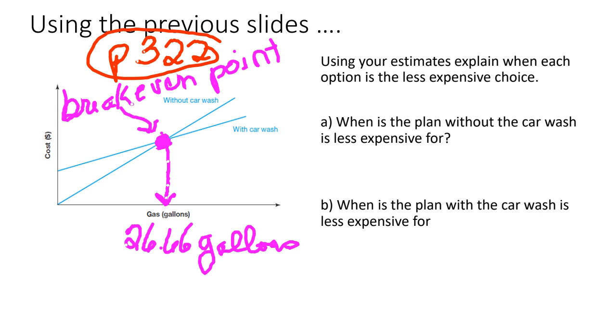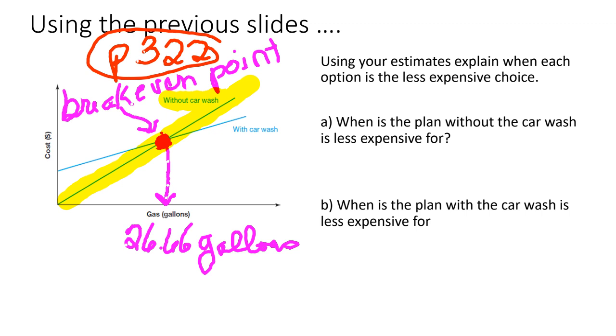Now, it's saying also that without gas, that is this yellow line. With gas is this green line.